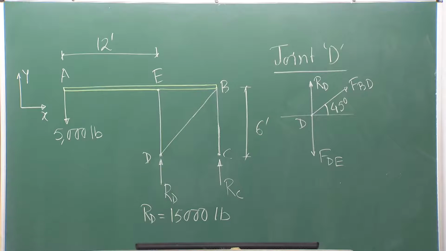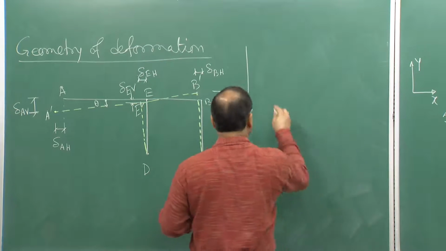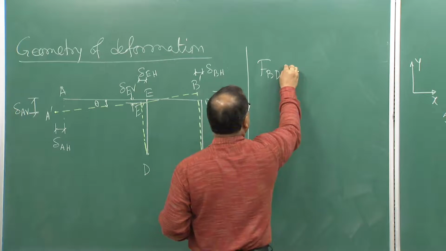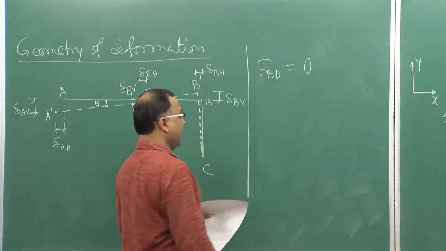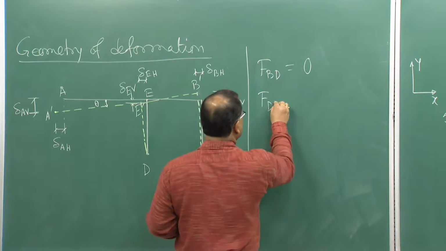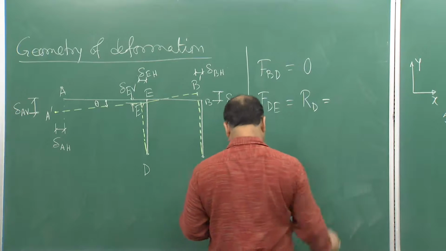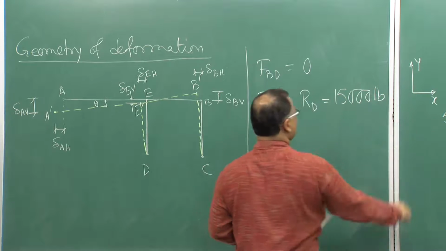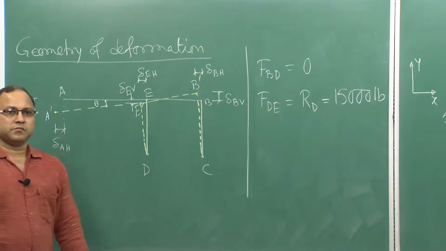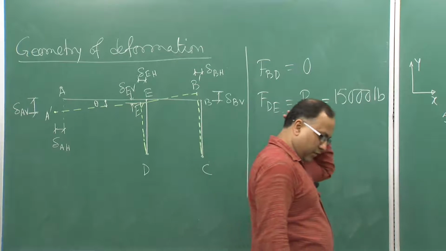From this force diagram, you will get simply FBD equal to 0, and FDE equal to RD equal to 15,000 pound. Now, you have got all the member forces, right.